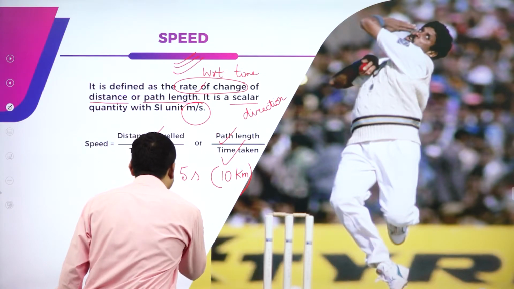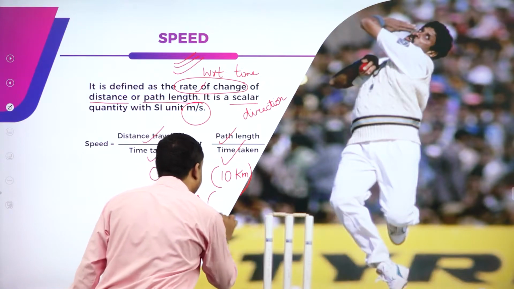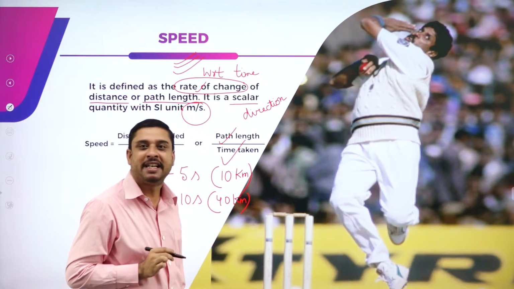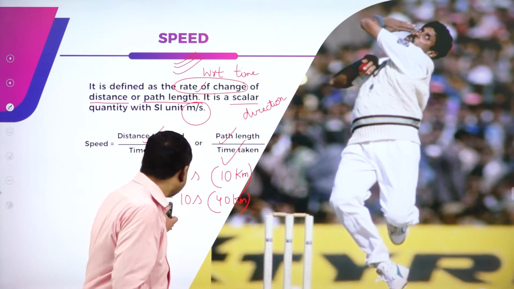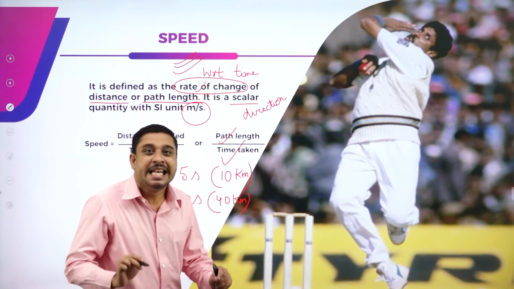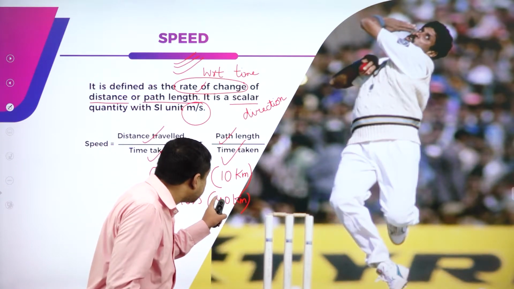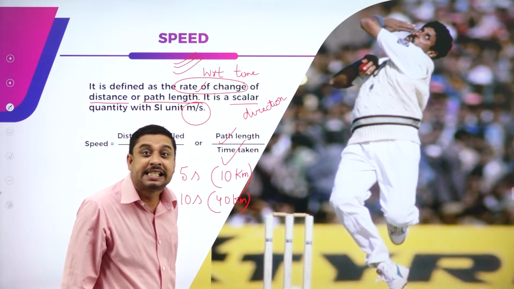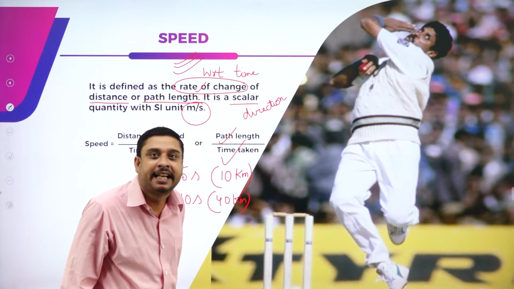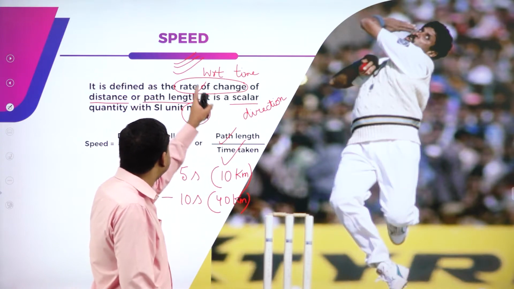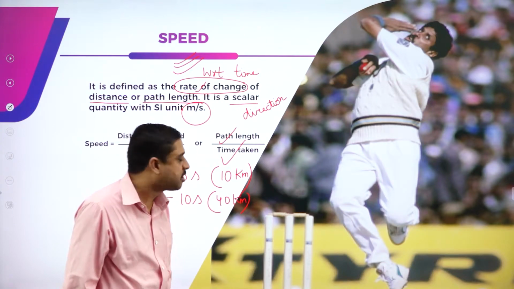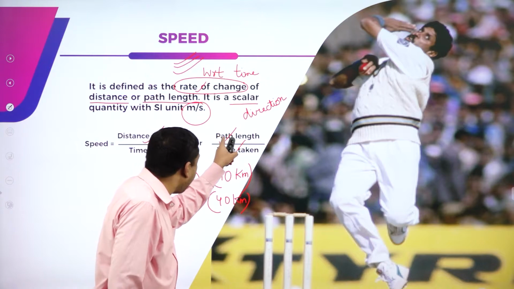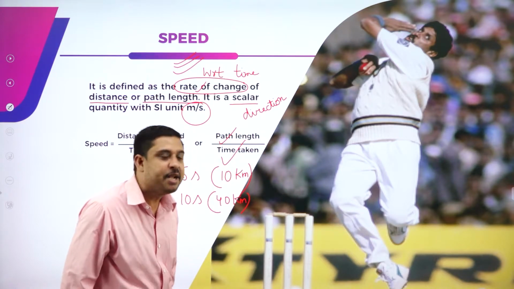Next, from the 6th second to the 10th second, it has traveled 40 kilometers. Observe, as time has changed, in the next 5 seconds the distance traveled is more. You say the car has geared up, its speed has increased. So we say speed is nothing but the rate of change of distance or path length divided by time taken.